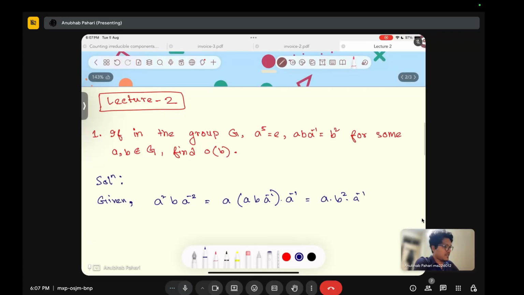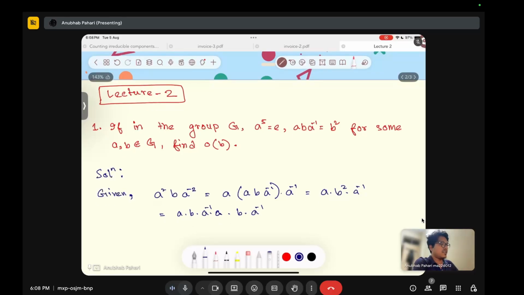So it can be again written as a b a inverse, because this is e, so b a inverse. Better to write it as this, this should be a and this should be a inverse.